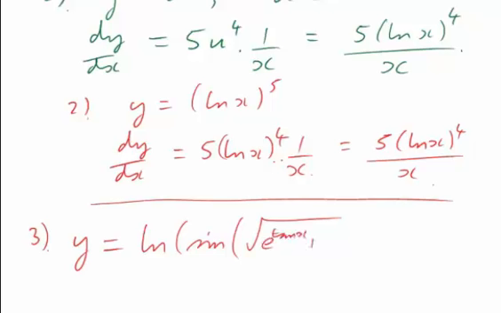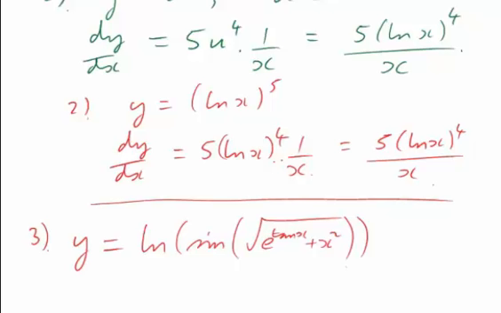That's a composite function, but it's not just a composite of two functions. It actually involves 4 functions: the log of, the sine of, the square root of, and then the special combination e to the tan x plus x squared.